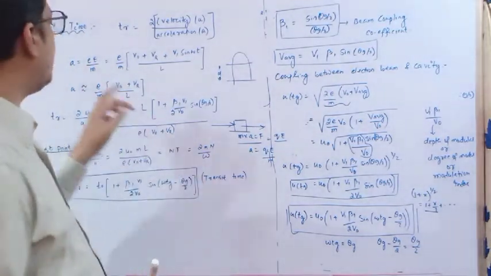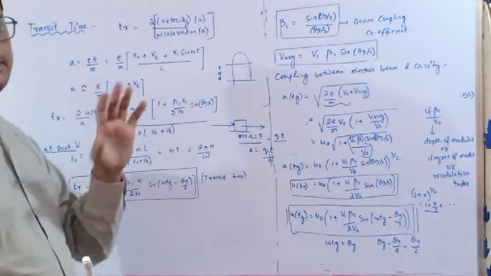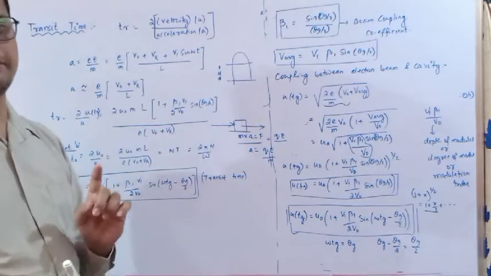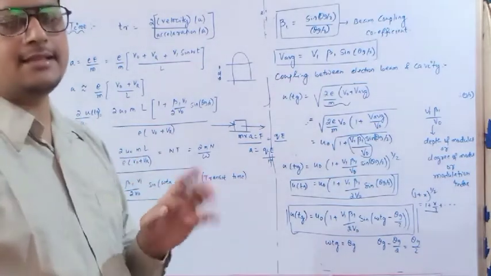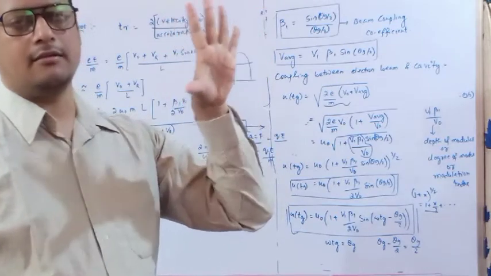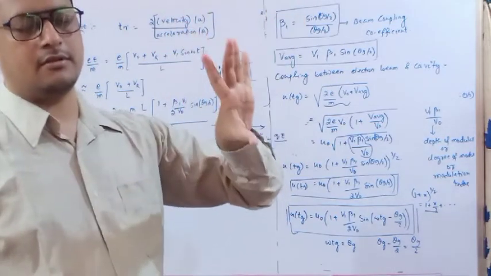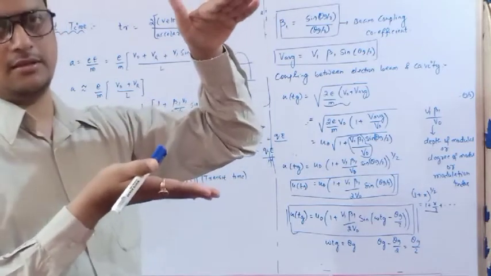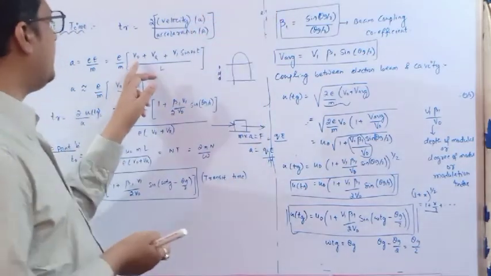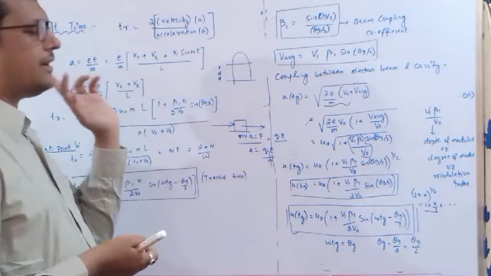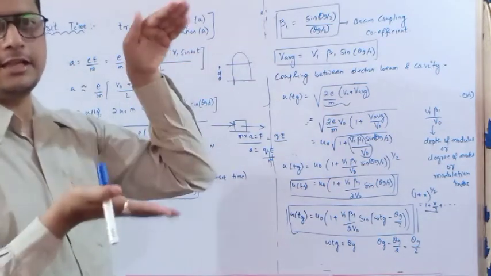Now e by m is a constant value, but what is E? E is the electric field. Where does it exist? The electric field between the cathode and the anode, and more about the repeller also, because the repeller gap we have to consider. So E = (V0 + Vr + V1 sin ωt) divided by L. L is the repeller gap.